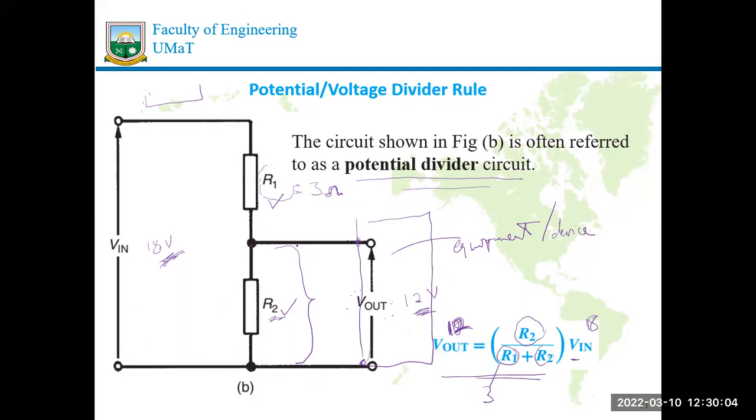Then tap with the help of some connectors, okay, to get the voltage drop across R2. And that voltage drop across R2 will be my 12 volts that I'm looking at. So this is used a lot in internal circuitries for electronics. It's also used in internal circuitry for some electrical equipment.